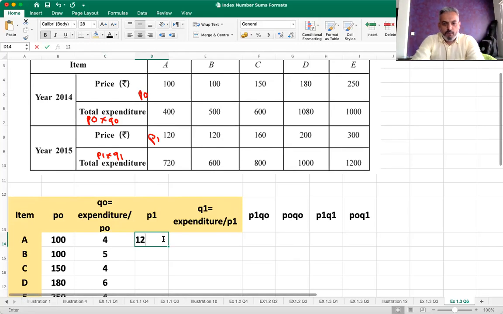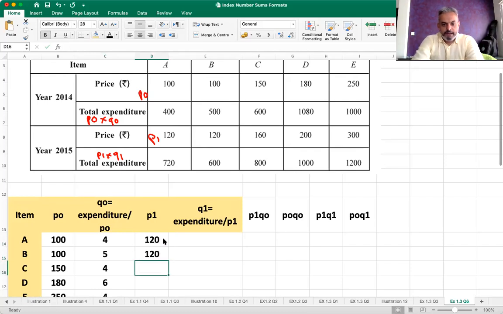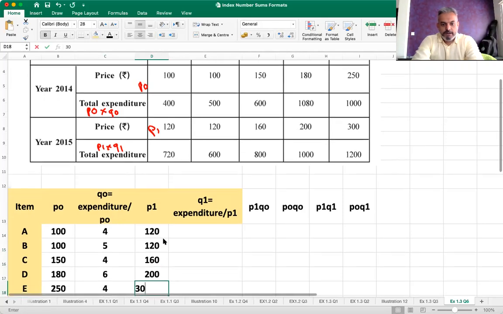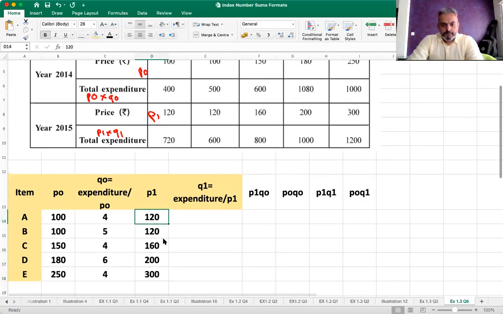Now P1: 120, 120, 160, 200, 300. Now Q1 is equal to expenditure upon P1.